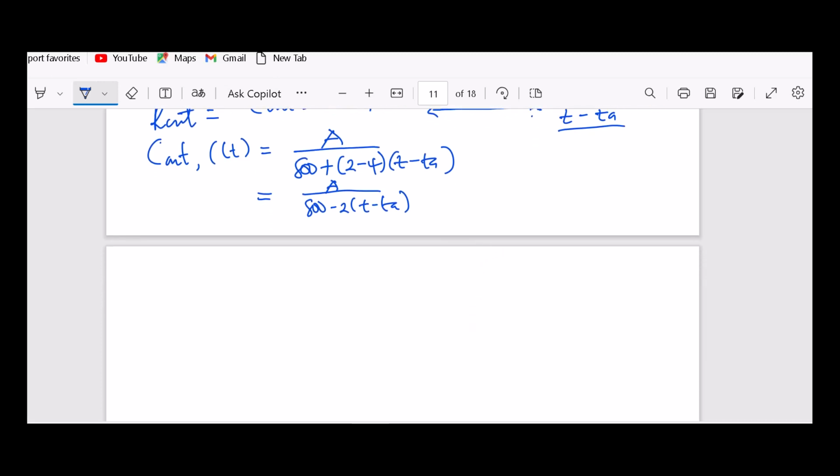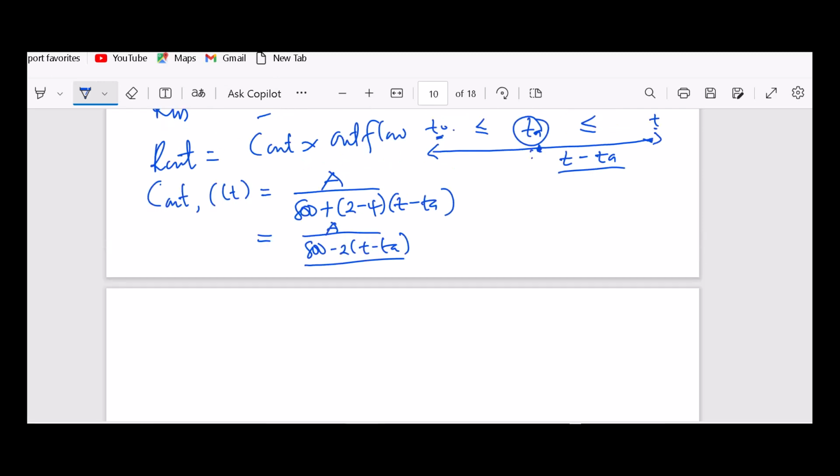But our rate out is now equal to A all over 800 minus 2 into brackets T minus T of A, times the outflow.